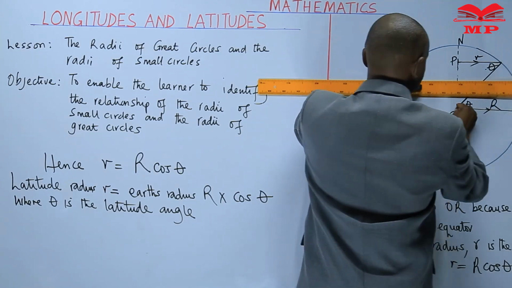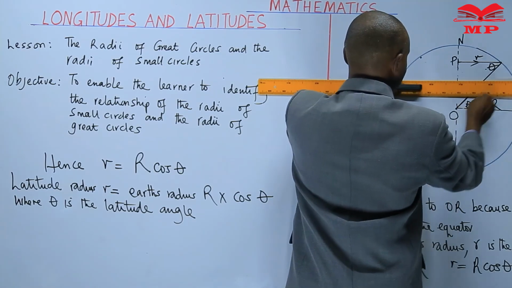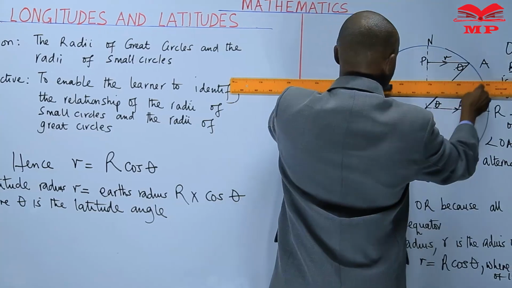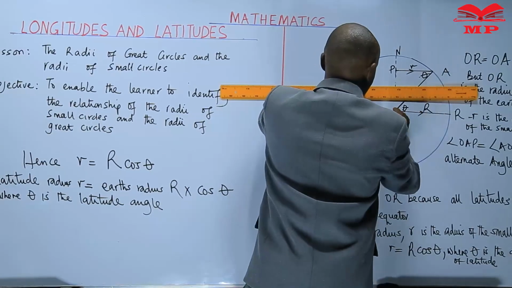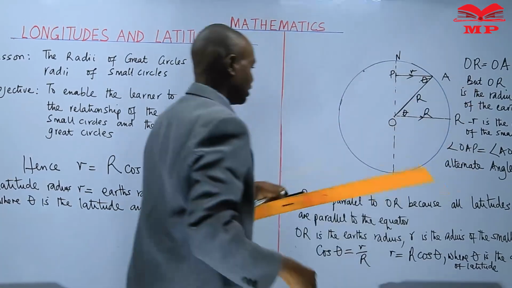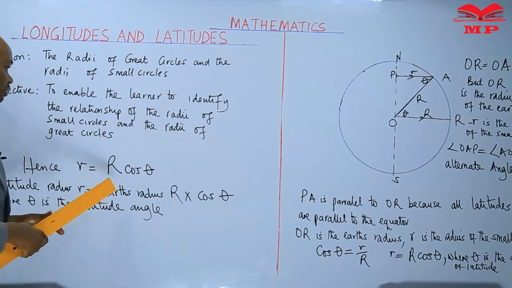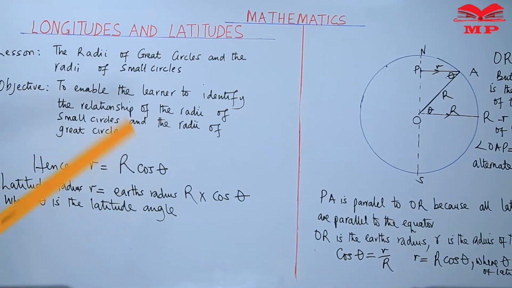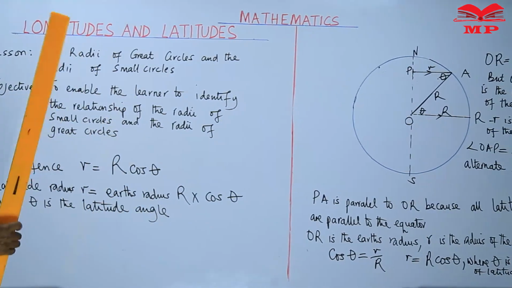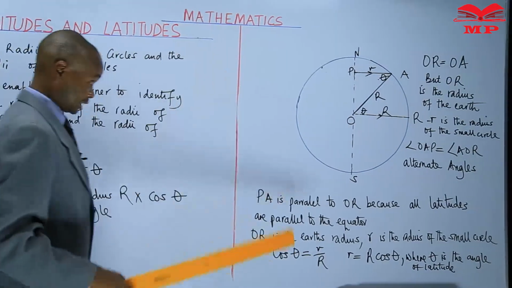To get that small radius there, it will still be the radius of the earth multiplied by the cosine of the angle. That happens for all lines of latitude.